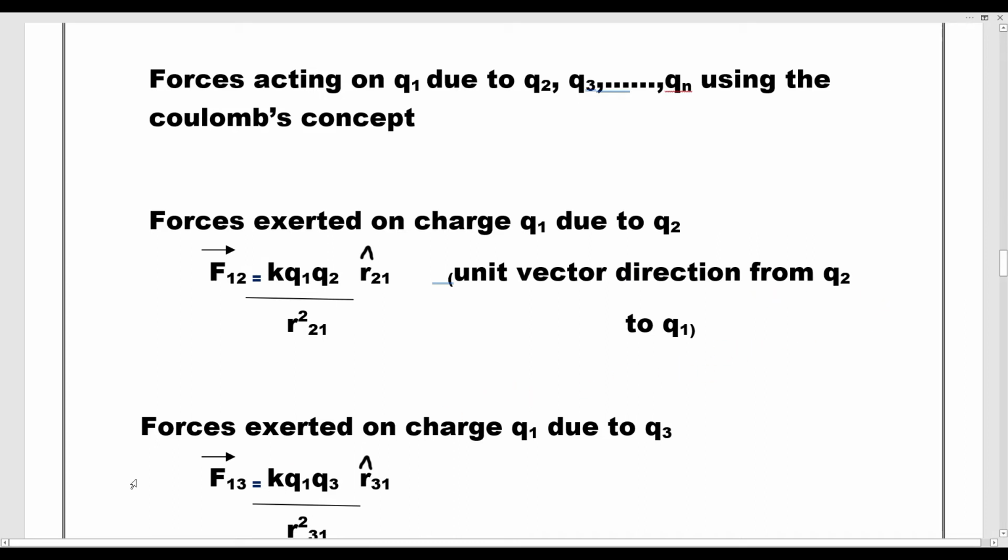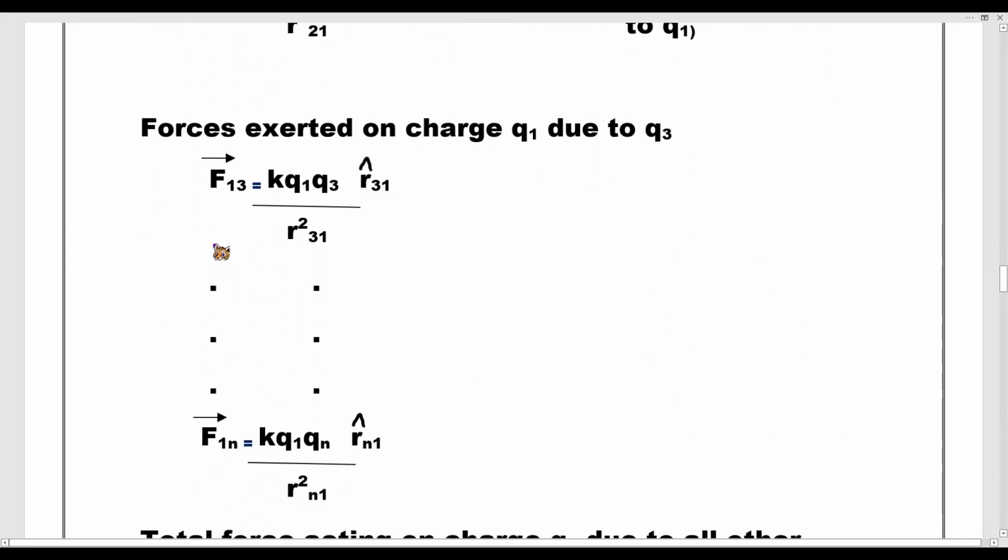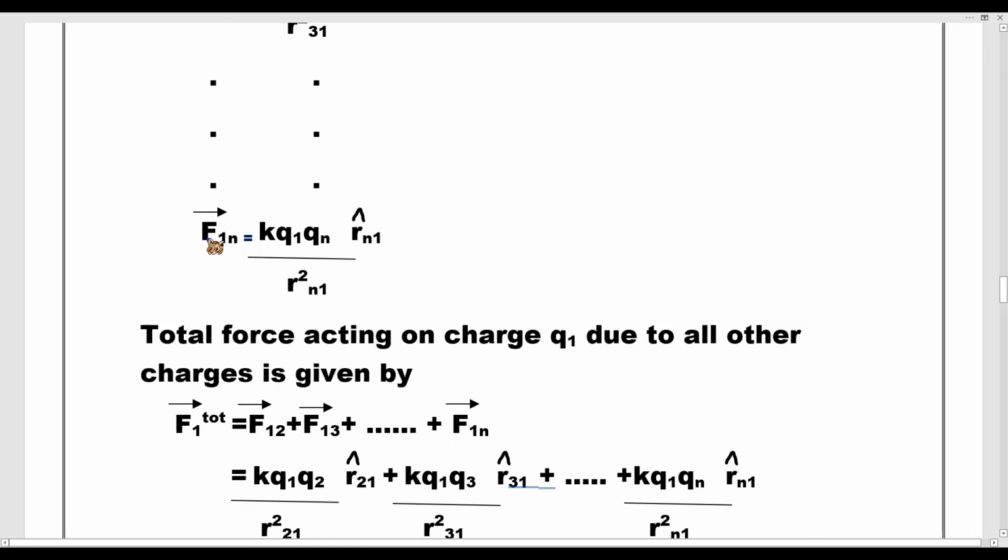The force exerted on charge Q1 due to Q3 is given by F13 vector is equal to K Q1 Q3 by R31 square into R31 unit, and this goes on up to the nth charge. F1n vector is equal to K Q1 Qn by Rn1 square into Rn1 unit.